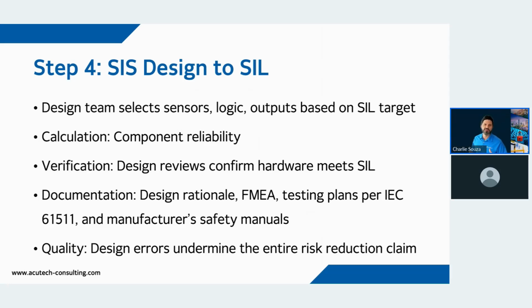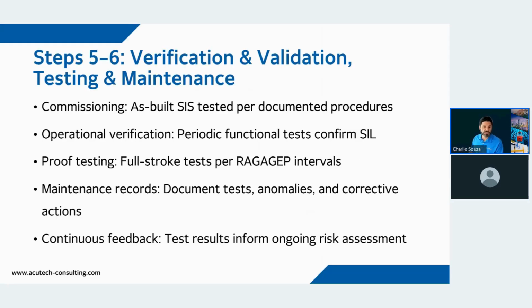You see now that the pattern is we're always going back to LOPA, right? Every phase of this functional safety life cycle is returning to LOPA as guidance of, okay, how much risk reduction we need to achieve, and are we achieving that?